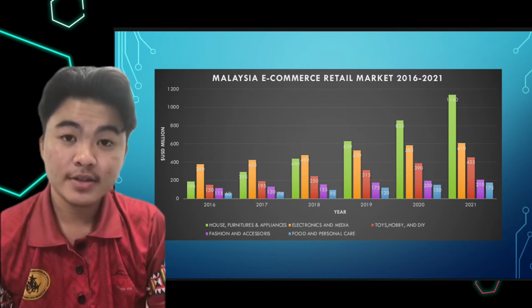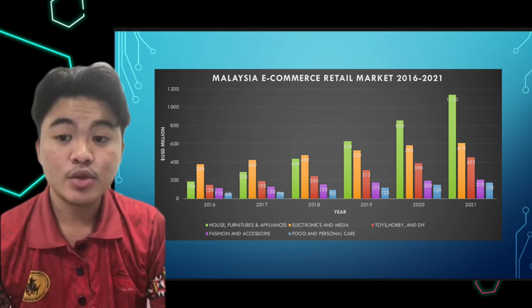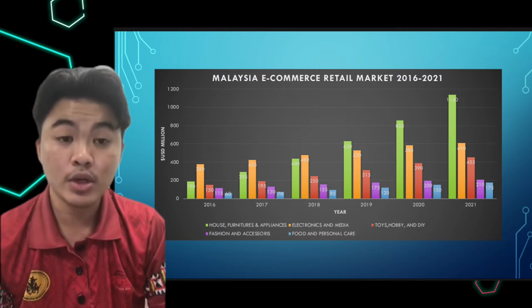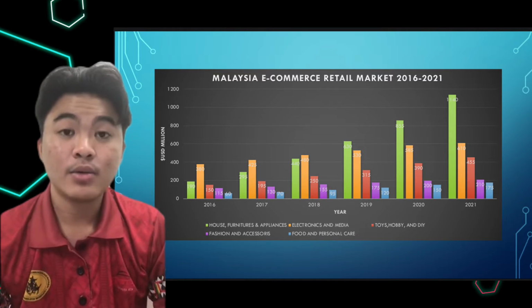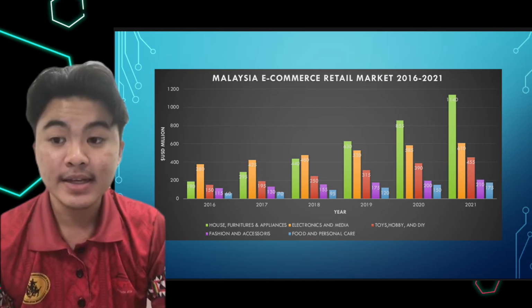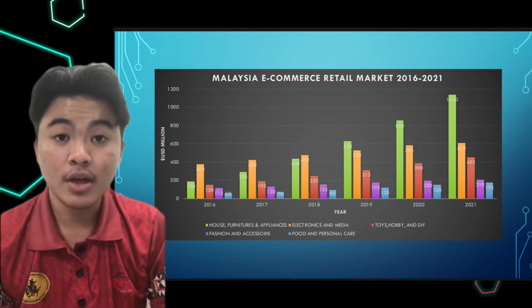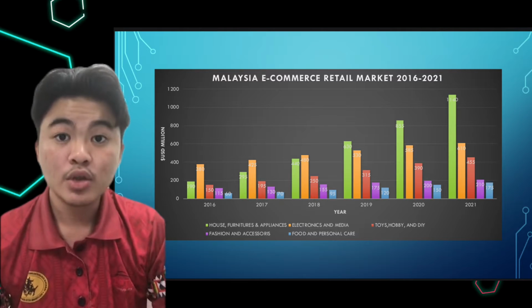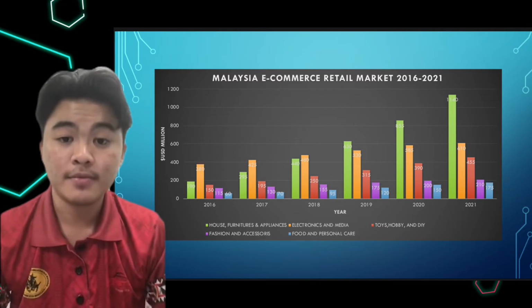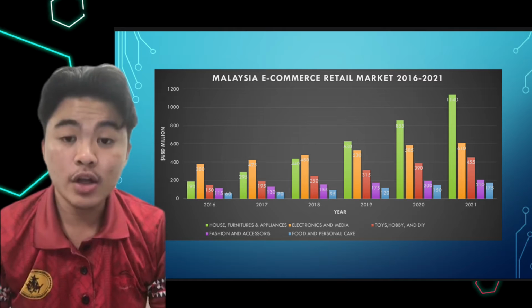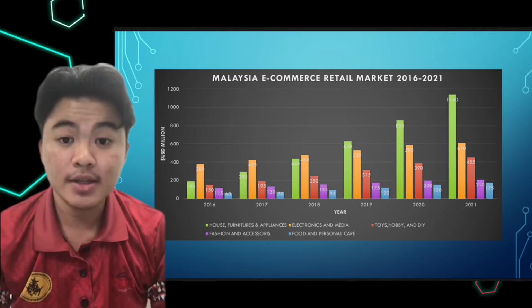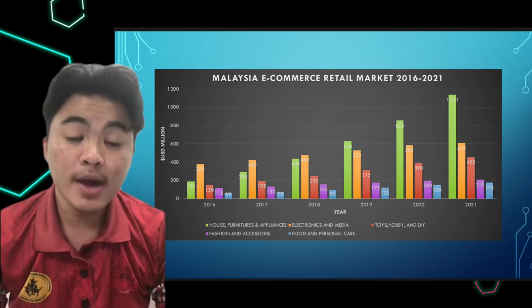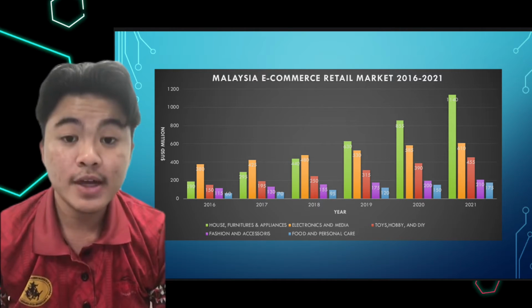Looking at the chart, the x-axis is representing the year of 2016 to 2021, while the y-axis is representing the US million dollar, scaling from 200 million to 400 million and so on. The clustered columns in the chart represent the type of goods that were in the e-commerce retail market during that period of time.